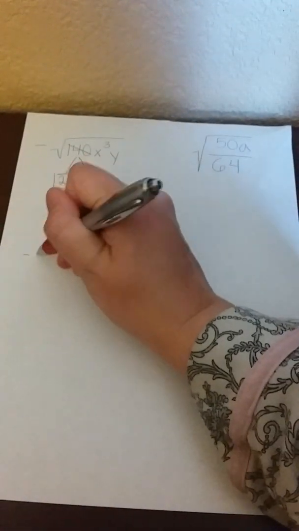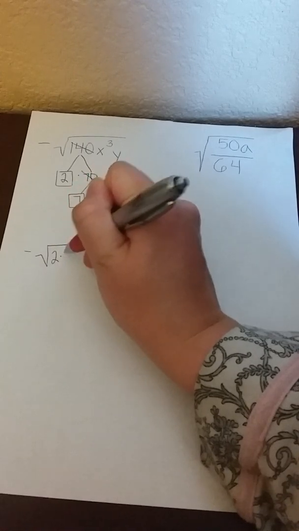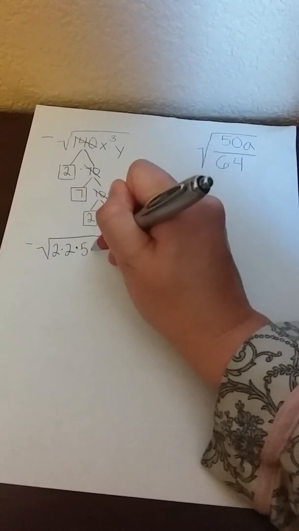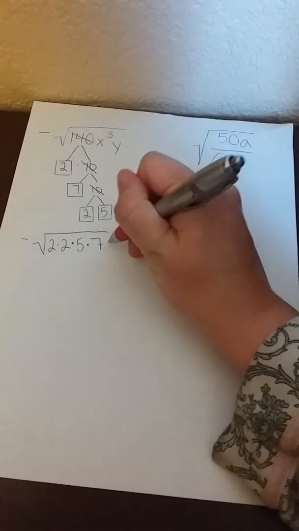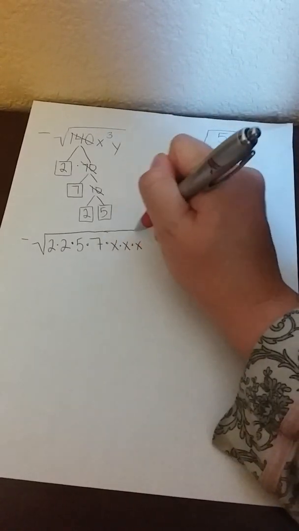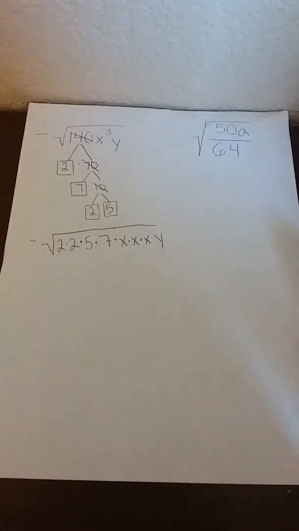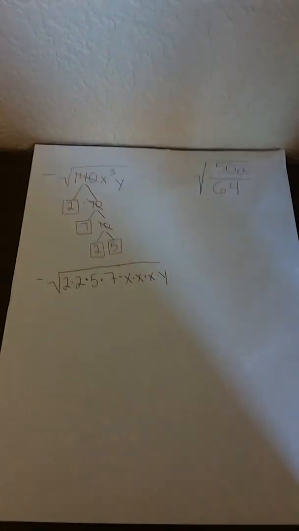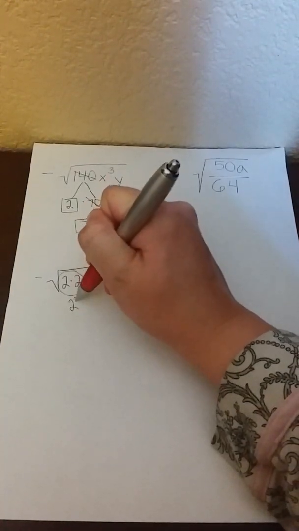When I write this out from least to greatest, I have 2 times 2, because there's 2 2's, times 5 times 7, and then x to the third is really x times x times x. There's 3 of them because it's to the third, and then I have a y. So that's this problem. When I look to see what I can group, I have 2 2's here, so that's 2 squared.